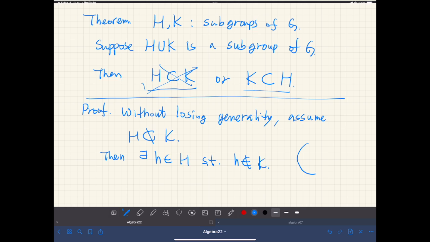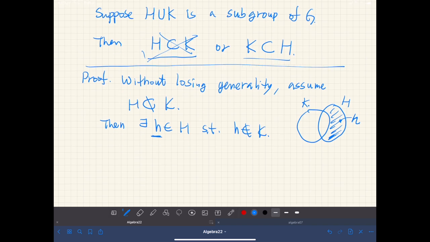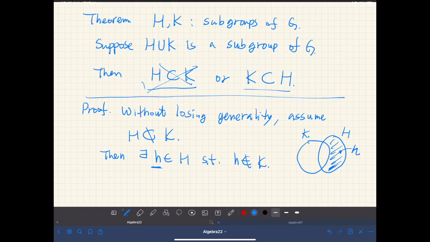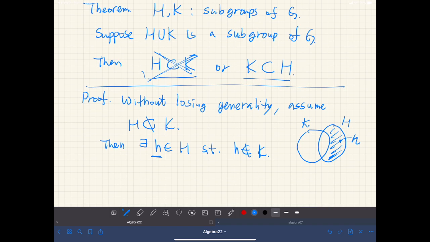Since H is not a subset of K, there is some part of H which is not a part of K. So we pick one element from that. Let's say it's lowercase h. And now since by assumption this is not the case, we need to prove this is the case.